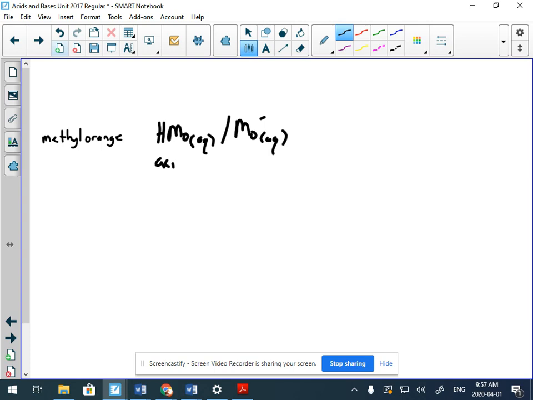HMO is the acid because it has a hydrogen, and when it loses a hydrogen, it becomes a base. Right beside the formula of methyl orange is the range of pH that it's effective within. Methyl orange has a range of pH of 3.2 to 4.4. So it can test things really well within that range, and then it's kind of a guess below and above that pH range. Right next to that is red to yellow.